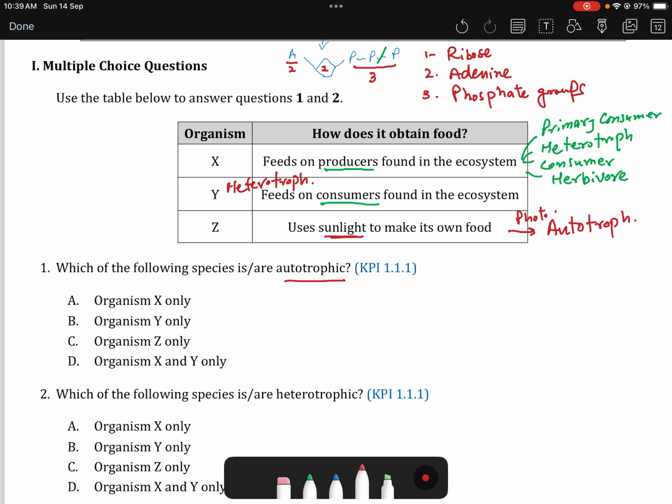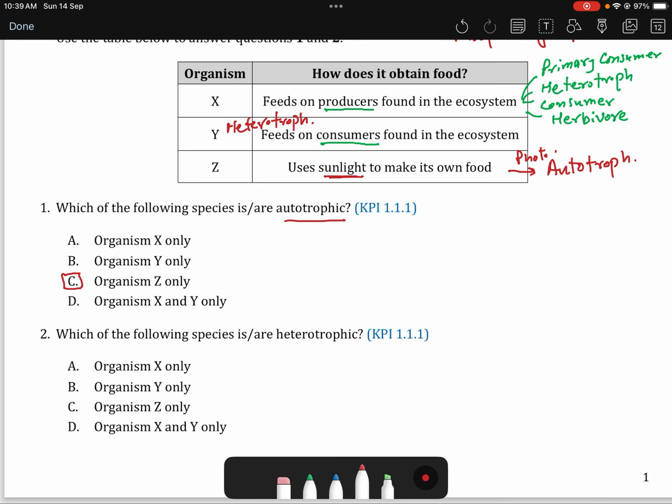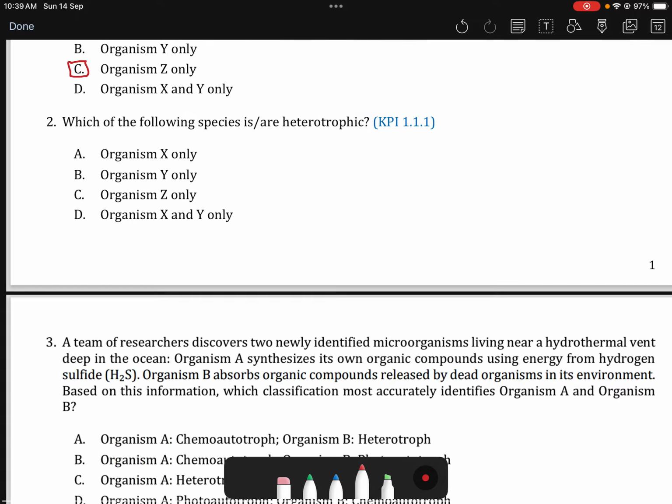Organism Y only, this is a heterotroph. Organism Z only, yes. So this is the answer. We already figured out who is autotroph and who is heterotroph. Which of the following are heterotrophs? Of course X and Y only. We don't need to go into more details of these.